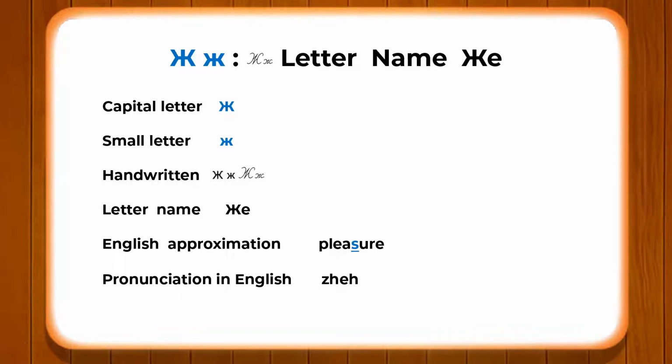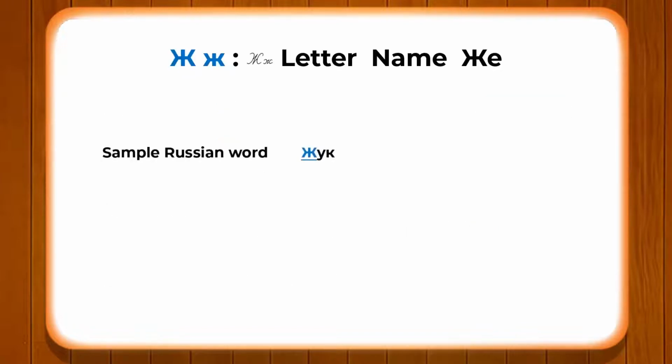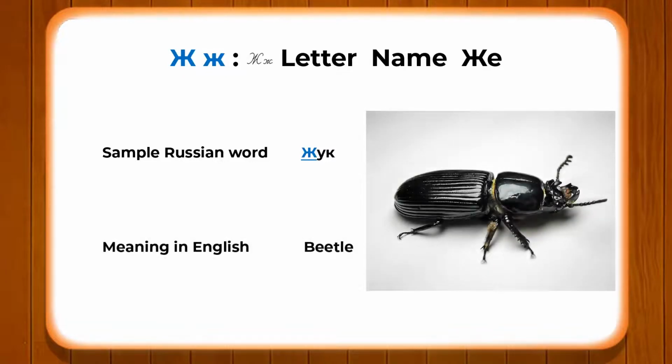The letter R can be practiced with an English word approximation as we use the s in the word pleasure. And in Russian we have used another example, zhuk. Pay attention to the pronunciation which I am doing here so that you master this particular sound. The letter is in the Russian word zhuk, which means beetle.